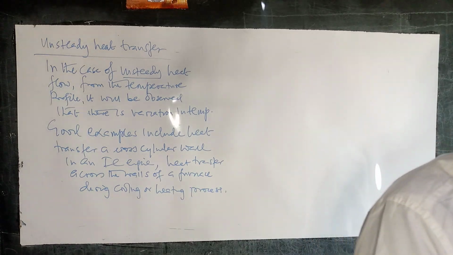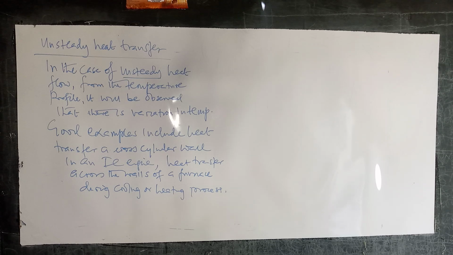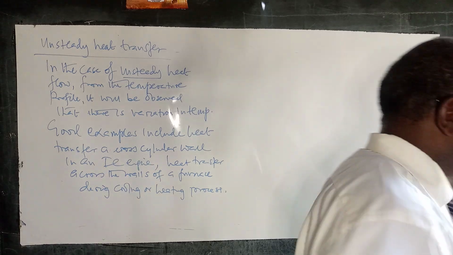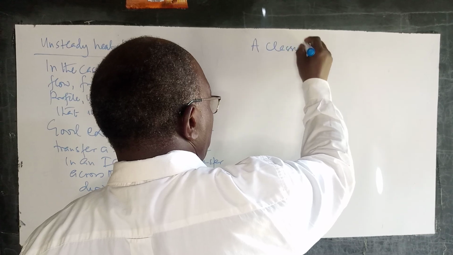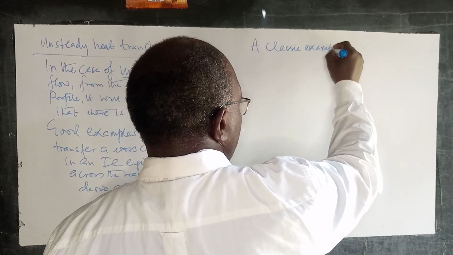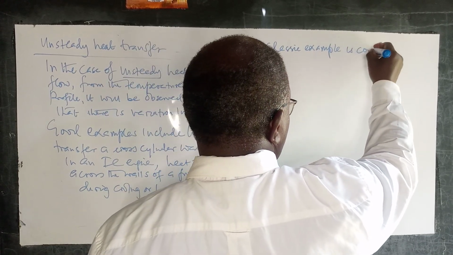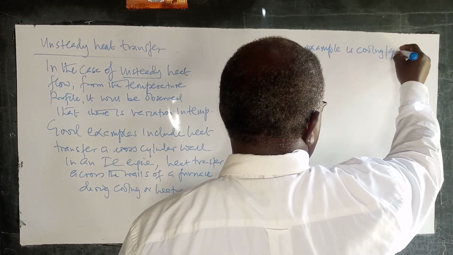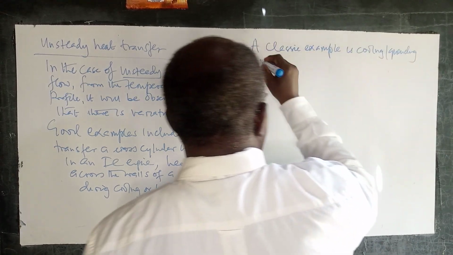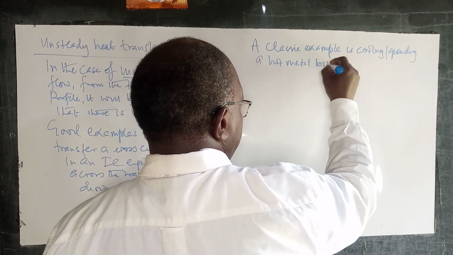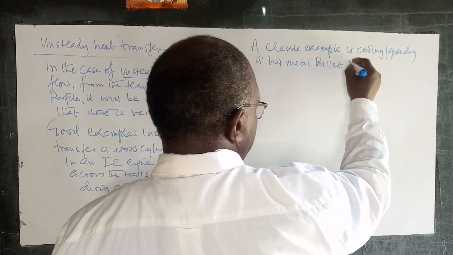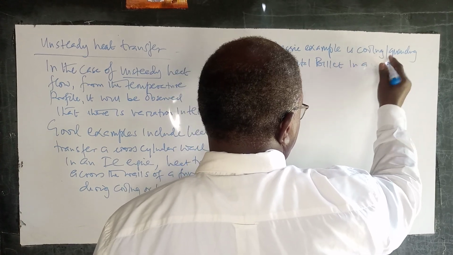So if we cool a hot metal billet in a cooling bath, then we will be able to come up with the illustrations and expressions on unsteady heat flow. So a classic example is cooling or quenching a hot metal billet in a cooling bath.